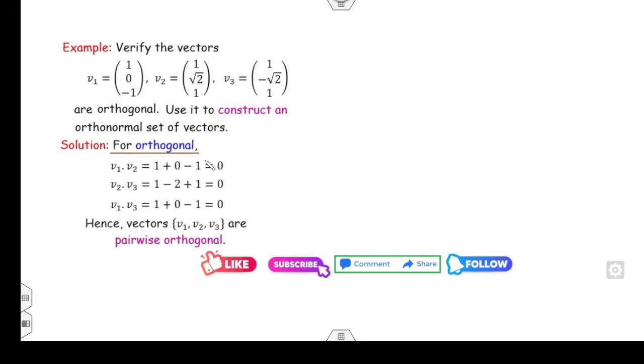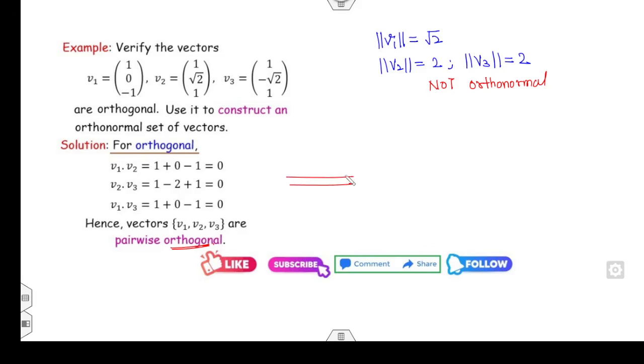That means they are orthogonal. But let's see the norms: norm of v1 is root 2, norm of v2 is 2, and norm of v3 is 2. So that means they are not orthonormal.